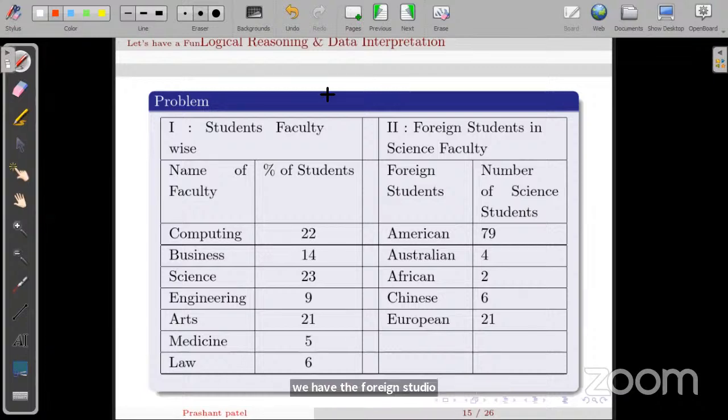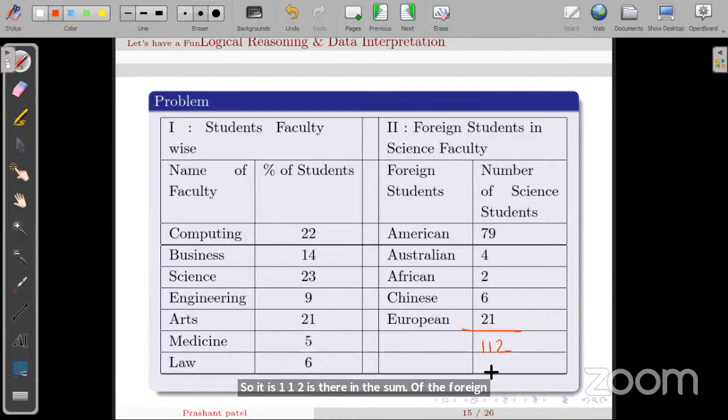Anyone want to say something? Okay. This is the table given for the foreign students, so you need to add all of these: 79 plus 4 plus 2 plus 6 plus 21. Very good. Varun is saying it is 112, and I'm assuming this is 112. So 112 is the sum of the foreign science students.